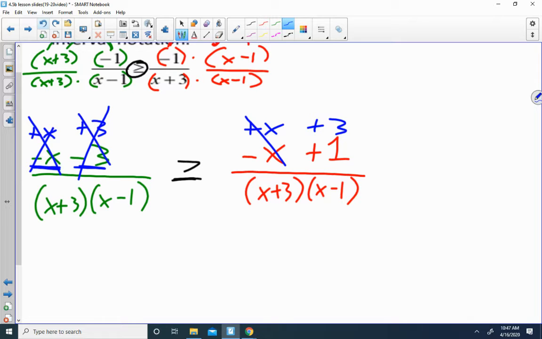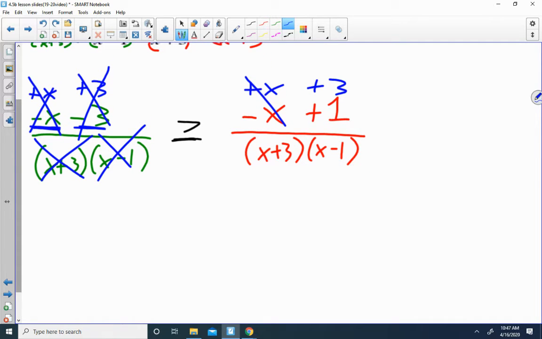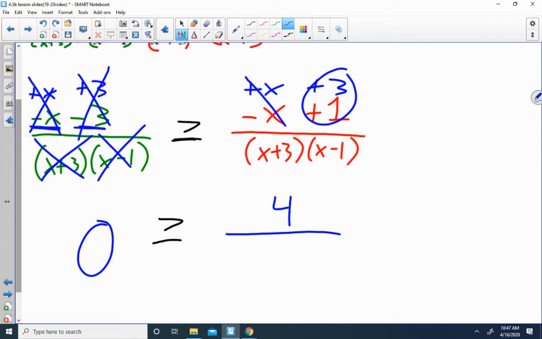And since everything canceled on the green side, that means the denominator cancels out as well. Basically, everything is gone on the left side of the equation. And since everything is gone on the left side, we can say that is 0. If everything cancels on one side, then that side just becomes 0. And then on this side, we got 3 plus 1 on top, which means on top we'll get 4. And of course, our denominator still stays as it is, x plus 3, x minus 1.